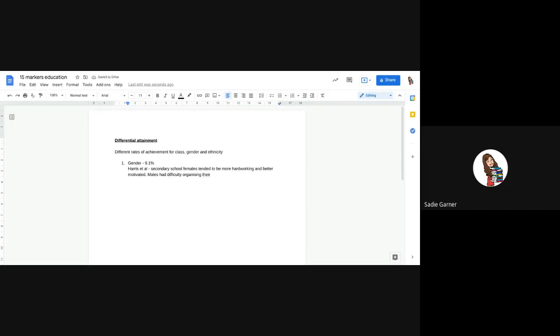Males had more difficulty organising their time and struggled with revision. So we're going to put Harris et al. Secondary school females tended to be more hardworking and more motivated. Males had more difficulty organising their time and struggled with revision.